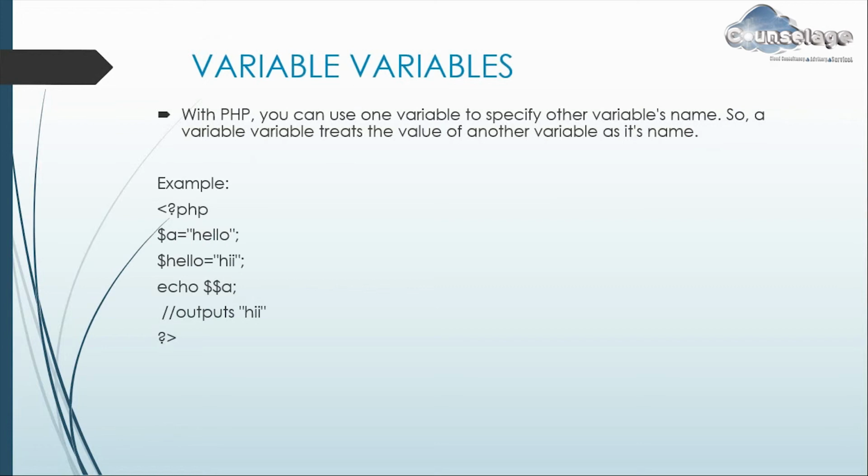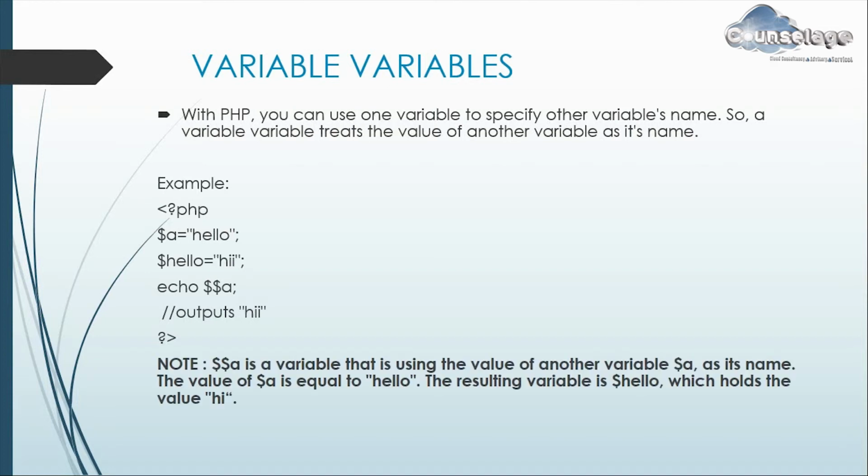Variable $a is assigned as hello, and variable $hello is assigned as he, and echo prints $$a, which results in he. Note, $$a is a variable that is using the value of another variable $a as its name. The value of $a is equal to hello. The resulting variable is $hello, which holds the value he.